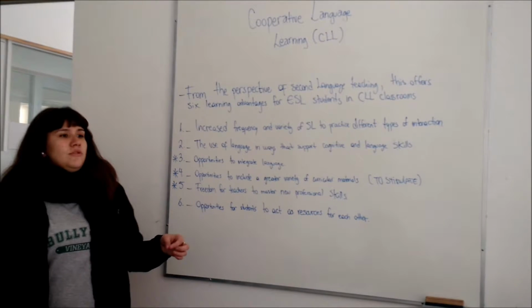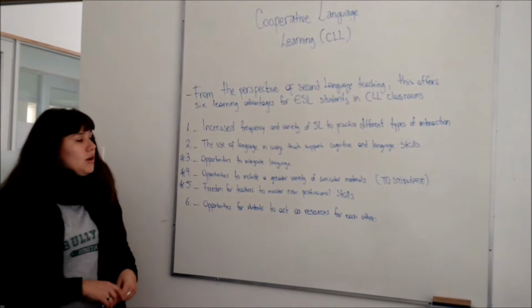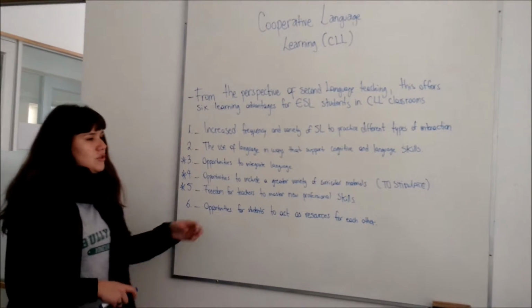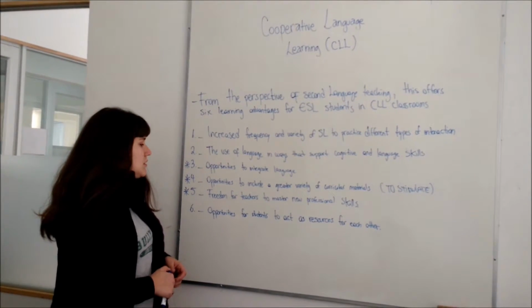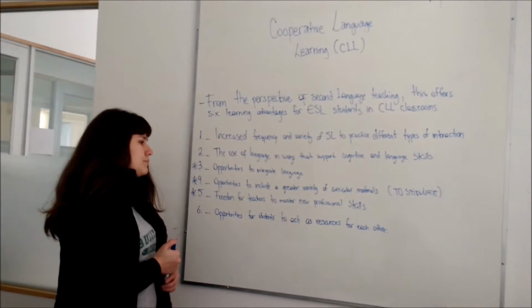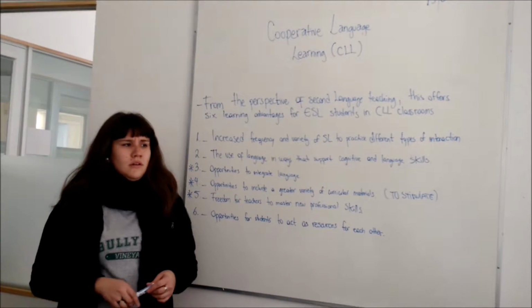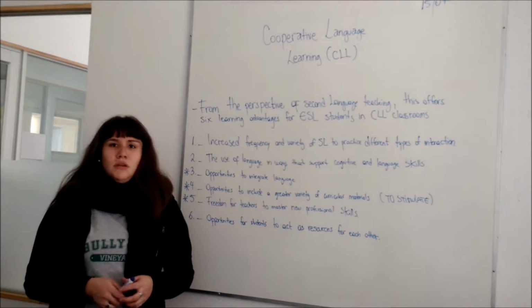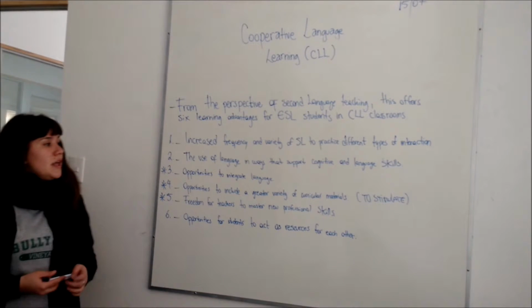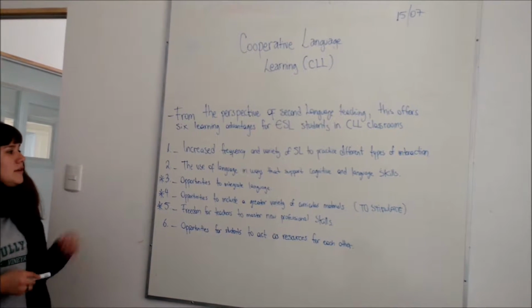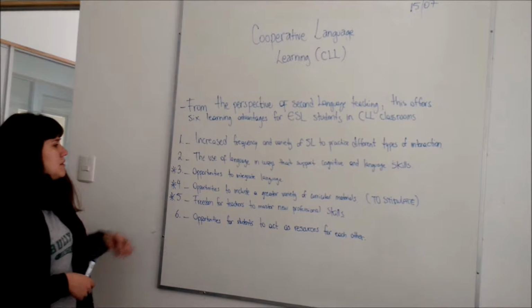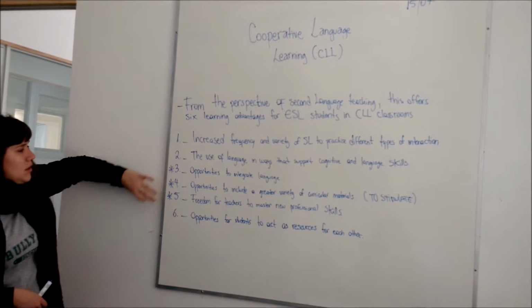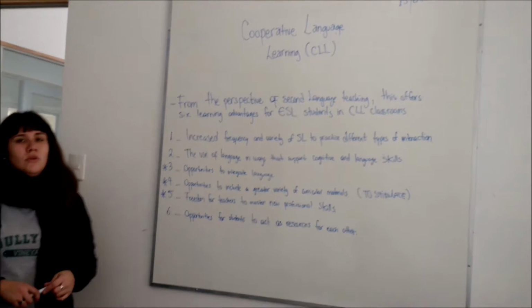Maybe travel to another country or go to another university, and this is part of our professional career, maybe. And this is the 6th learning advantage, and we think that these 3, 4, and 5 are the most important.